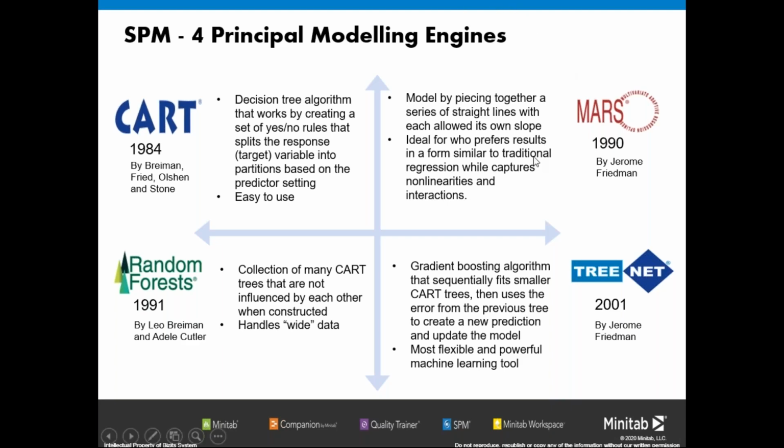Then we have another model, which we call MARS, multiple adaptive regression spline. The model pieces together a series of straight lines, each allowed its own slope. This model is ideal for those who prefer results in a form similar to traditional regression while capturing nonlinearity and interaction. Basically, we have a combination of straight lines. You add up all the straight lines, and then you can create the MARS.